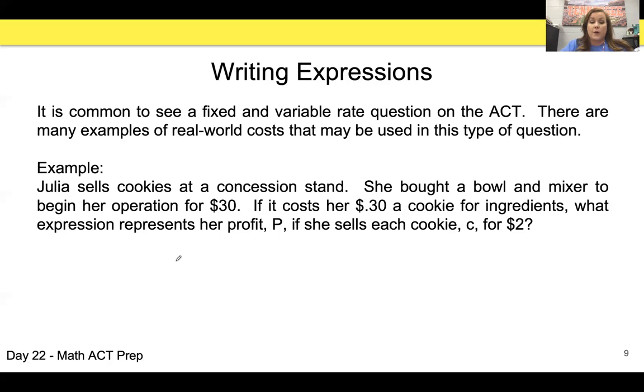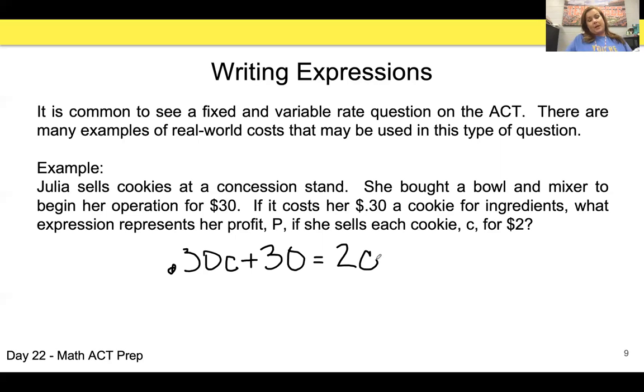So you would go, our variable costs are 30 cents per cookie. She's got to absorb that $30 in fixed costs for the mixer and the bowl. And that should be equal to $2 per cookie. Okay.